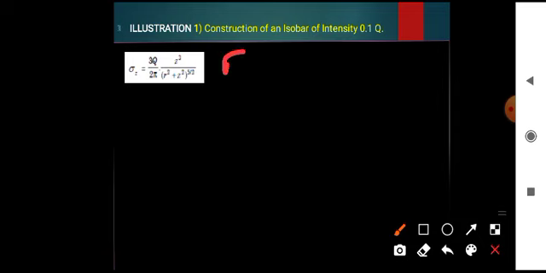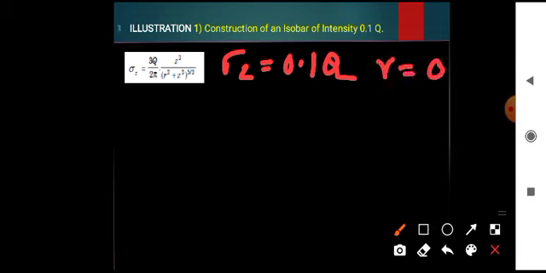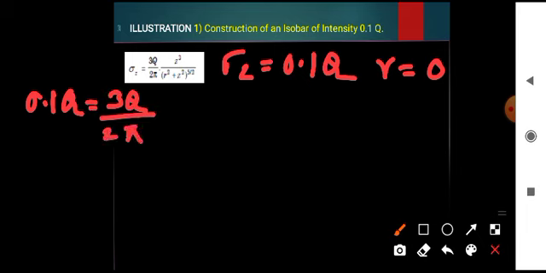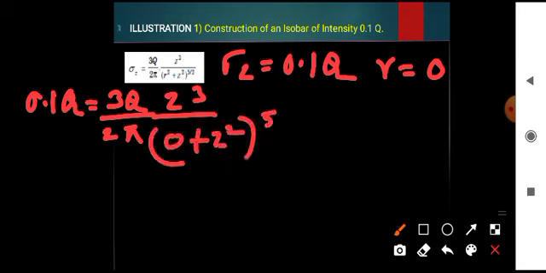In this particular equation, sigma z, as you know, is 0.1 q. Additionally, we have to substitute r equal to 0. Let us see how the equation changes. So 0.1 q is equal to 3q divided by 2 pi, z cube divided by 0 plus z square to the power of 5 by 2.